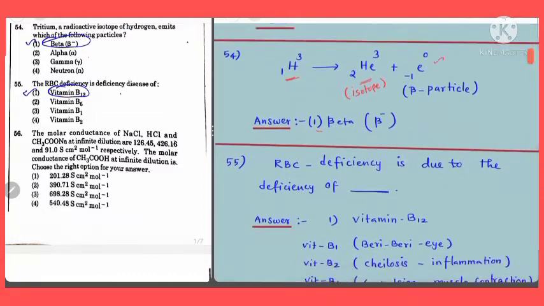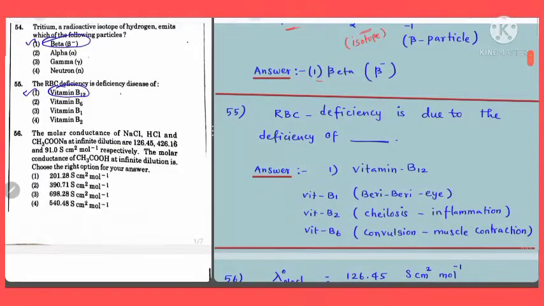The other options given are vitamin B1, B2 and B6. Vitamin B1 deficiency gives a disease called beriberi, which affects the peripheral nervous system. Vitamin B2 deficiency causes cheilosis, which is the formation of small cracks and inflammation in the mouth and lips.